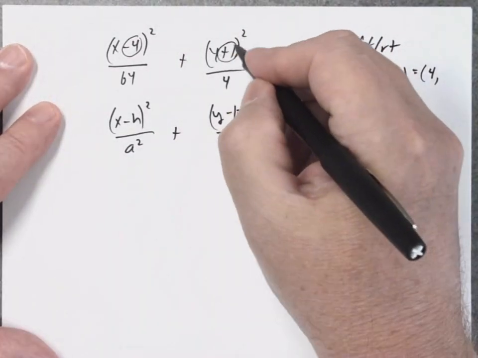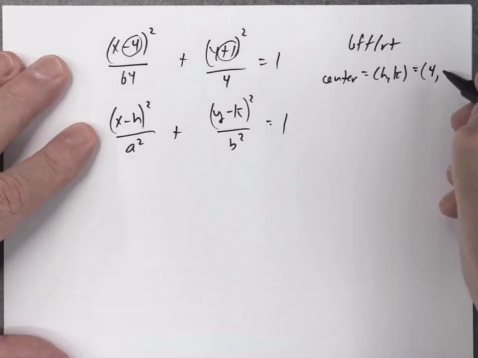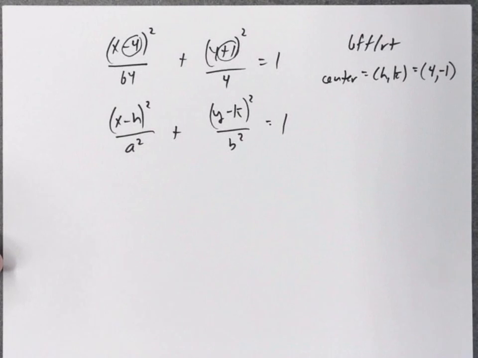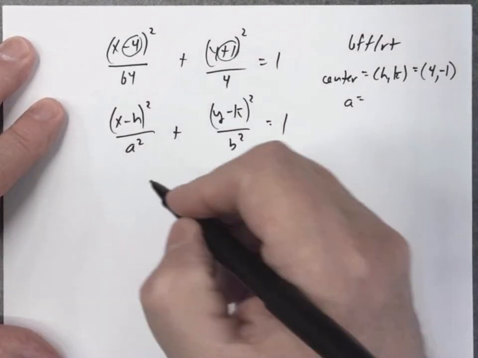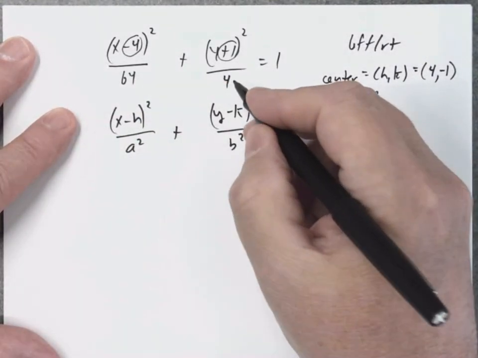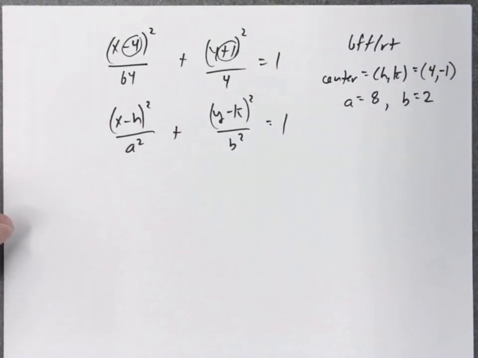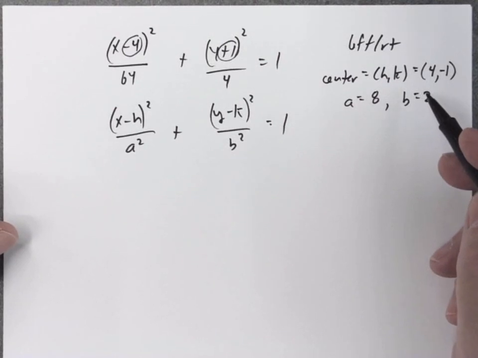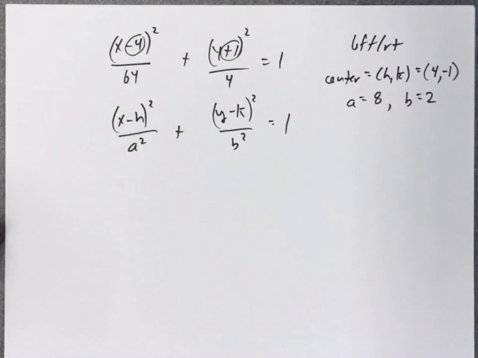For the k, I grab this +1 and I make it the opposite. So actually the center is going to be 4, -1. This is a squared, so a is going to be 8. b squared is 4, so b is 2. And now I have what I need to sketch this ellipse. And then, like the other problem, at the end we will go ahead and calculate the foci.